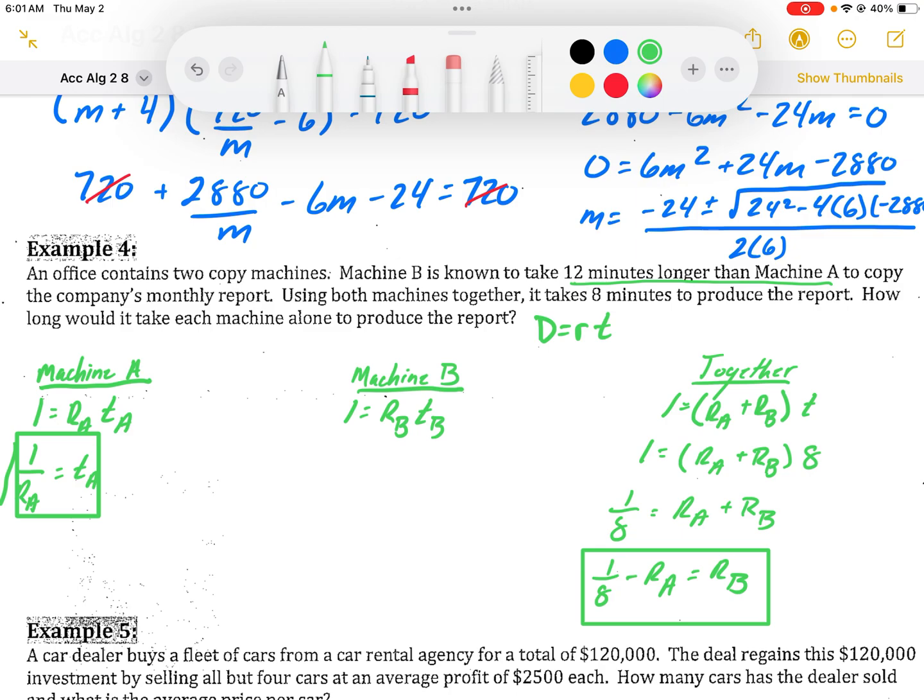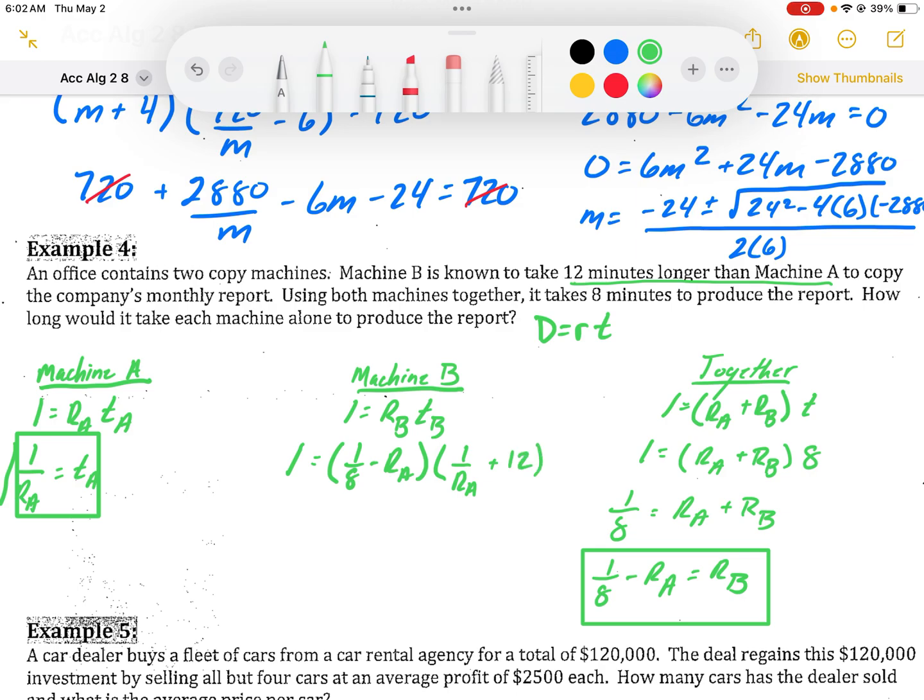So when I go to plug it in here, the time it takes to complete 1 monthly report for machine B will be my rate of B, which we now know is 1/8 minus RA, times, now we know it takes 12 minutes longer than machine A, so the machine A time was 1 over RA, so we have 1 over RA plus 12.